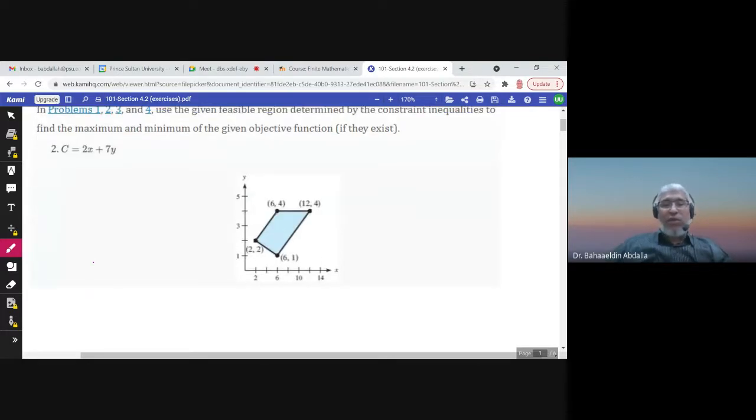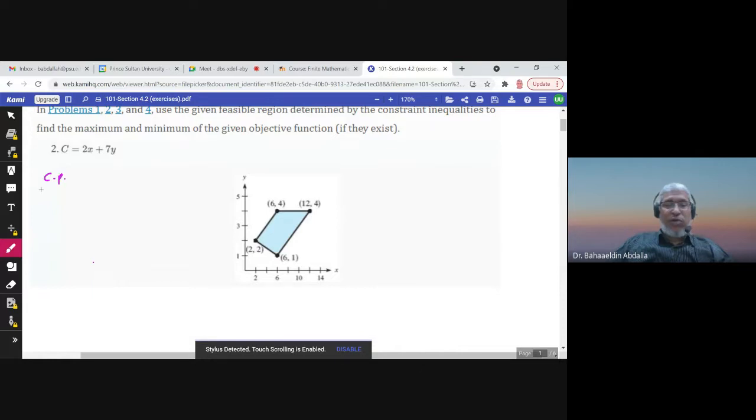So here, the constraints are not given in the question, but the region is graphed for us, and the corner points are given. So all we need to do is to use the corner points, substitute them in the objective function, and find the maximum and the minimum values for the objective function.